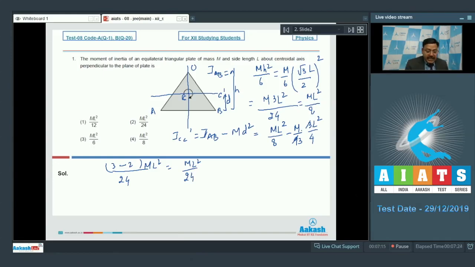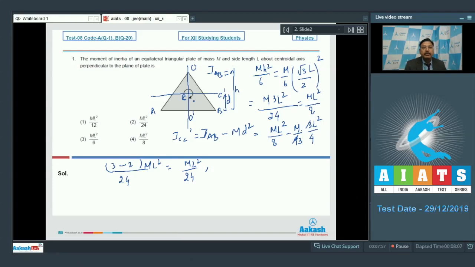This is ICC dash. What we can also do is find, let's call this point O dash, IOO dash, and then by applying the perpendicular axis theorem, we get the moment of inertia about the centroidal axis perpendicular to the plane of the figure. To find IOO dash, we can again use the result I is equal to mh square by 6. OO dash is dividing the figure into two triangles. For one triangle, if we can find the moment of inertia about OO dash, the other will also be the same.